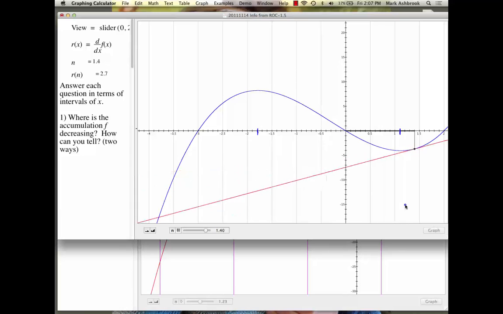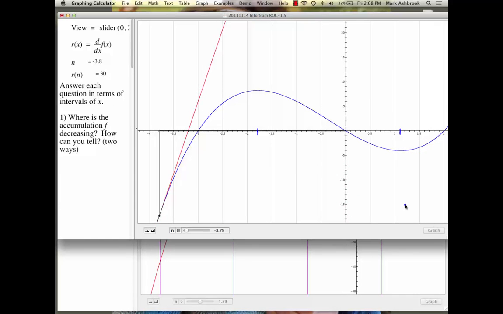Everyone listen, because you've got to have this down, or else the next part's going to be confusing. If the function is decreasing, then the rate of change is negative. How else can you tell that the accumulation function here is decreasing? The shape of the graph. Well, what's the shape of the graph? It's going down, right?